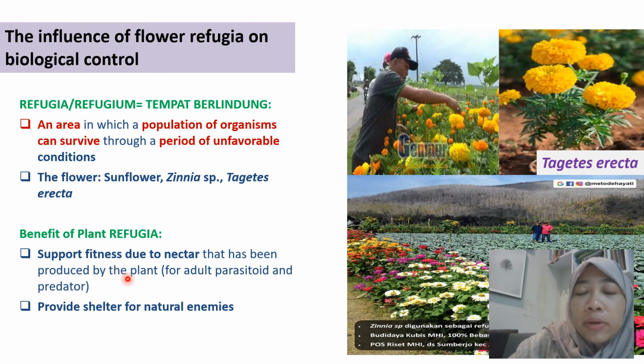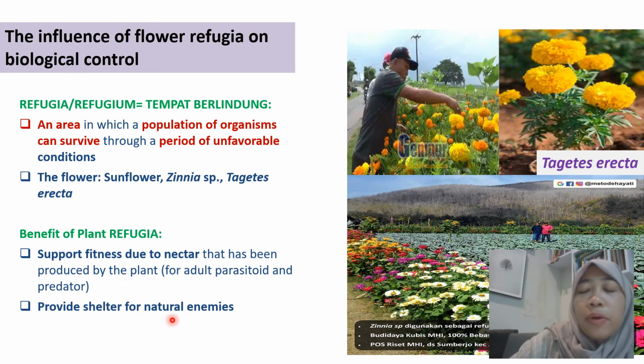Adult parasitoids and predators can get the nectar for their fitness, fitness itu adalah kebugaran ya. Before they are able to search for the host or prey in the field, they should be fit, so they need the nectar and the pollen.